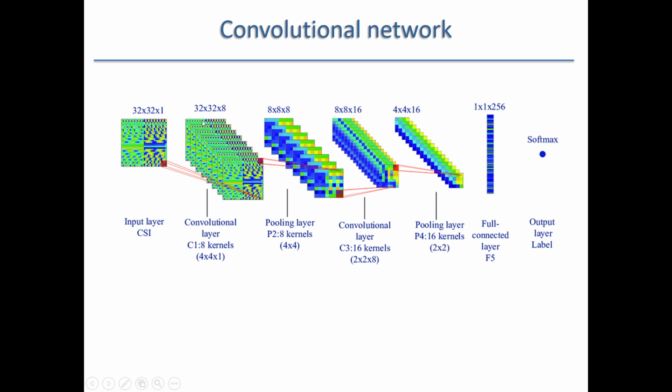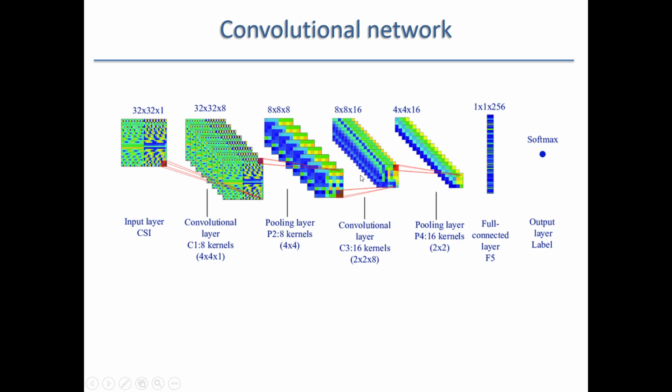Now, instead of just learning one kernel of size 4 times 4, you learn 8 kernels. So your output images will be of size 32 by 32, but now you are learning 8 different features on this image, so you have 8 images, and these 8 images will propagate through the network.